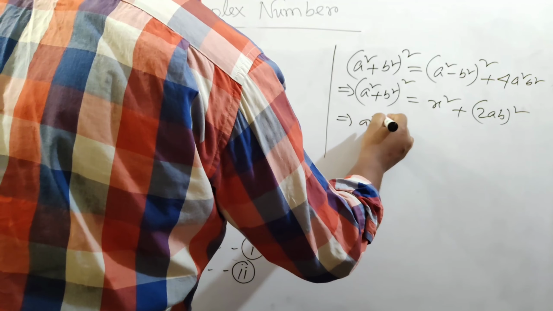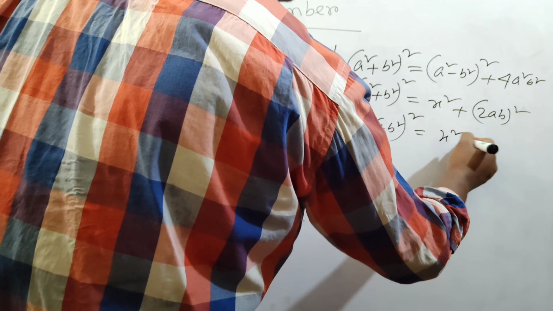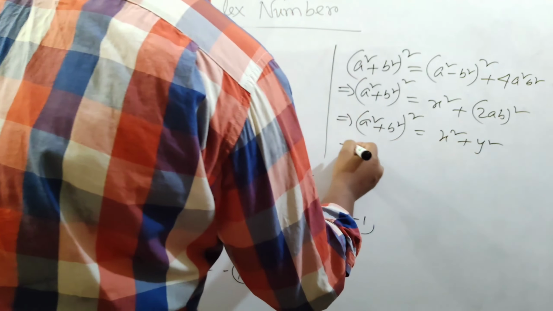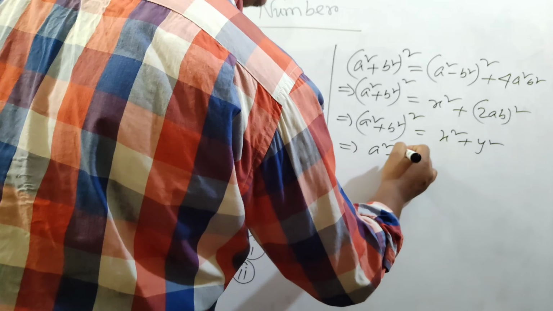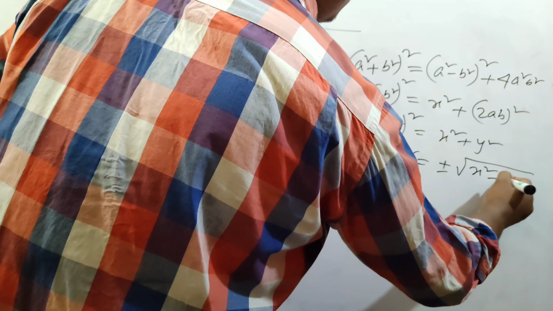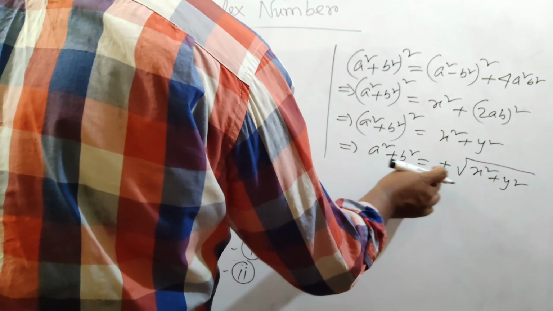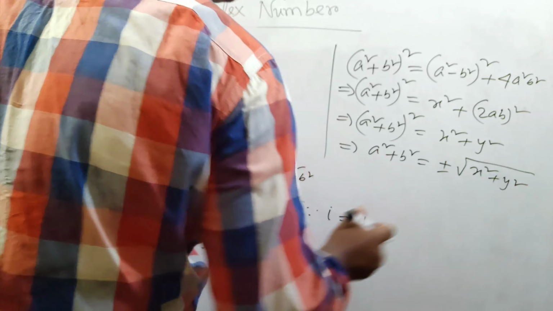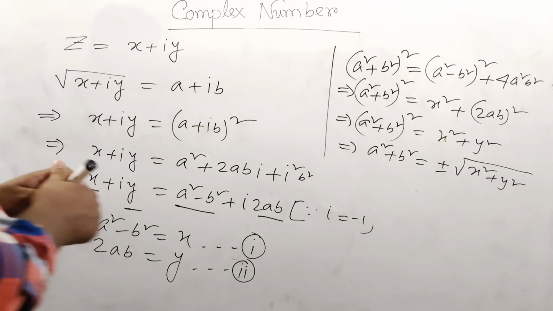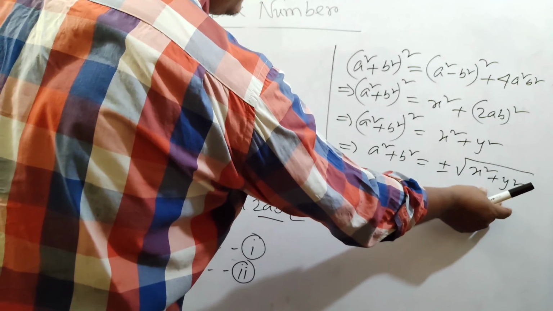So a square plus b square whole square should be x square plus y square, or a square plus b square equals plus minus square root of x square plus y square. But here the question is whether both values are valid or not.